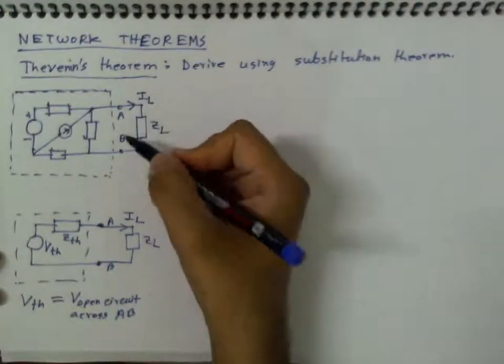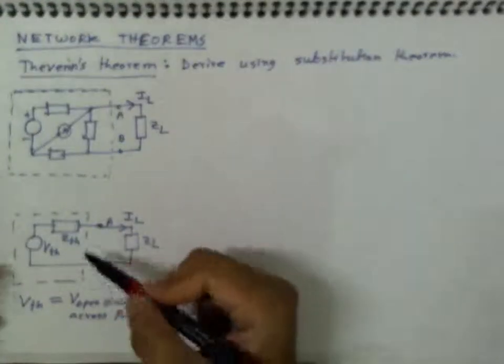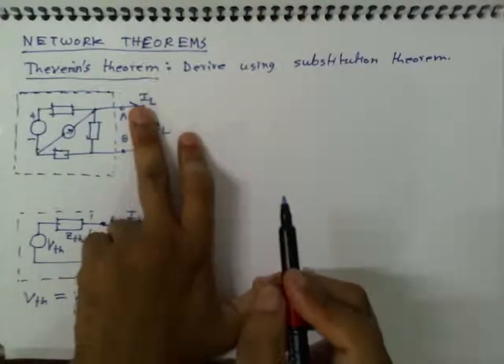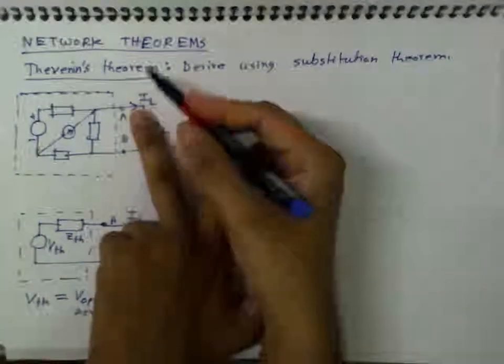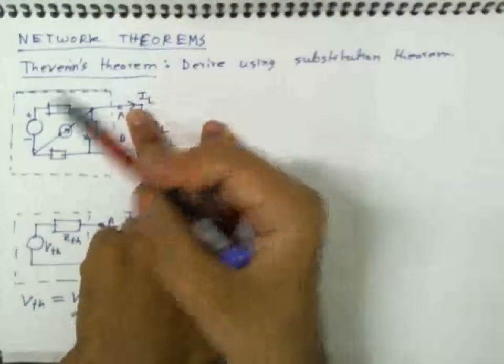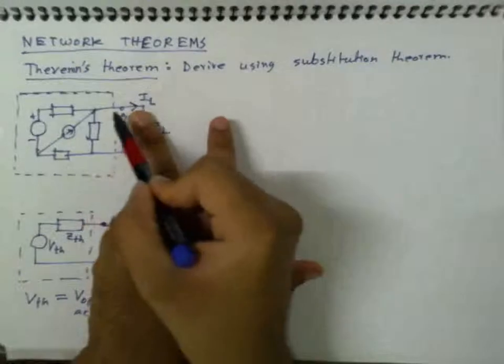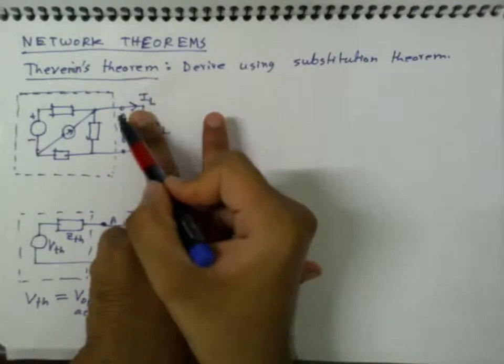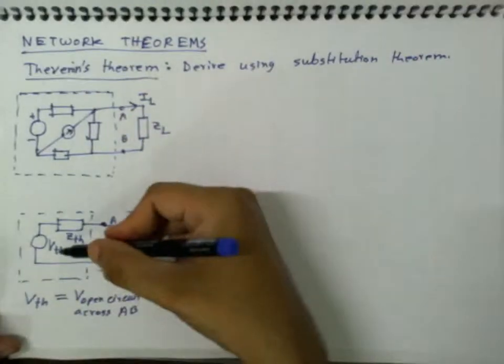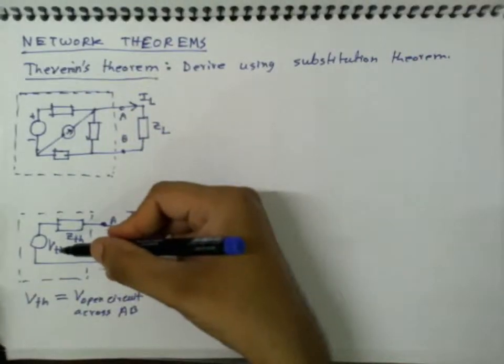So the voltage that appears when no load is connected, that means when these two terminals are open, not connected to each other at all, that open circuit voltage should be the value of VTH.